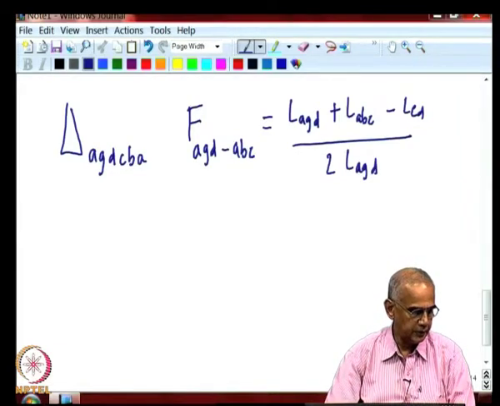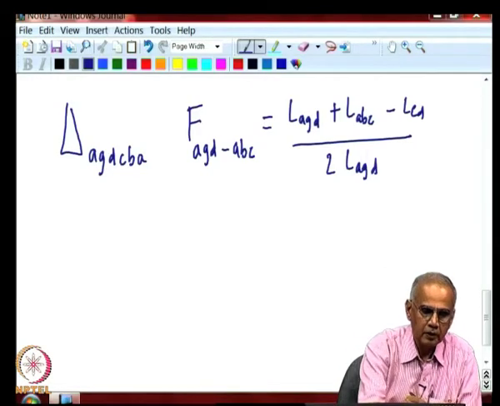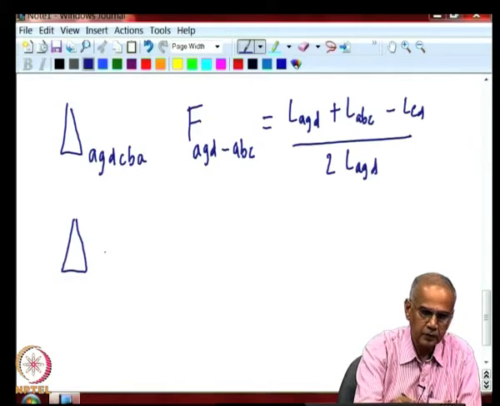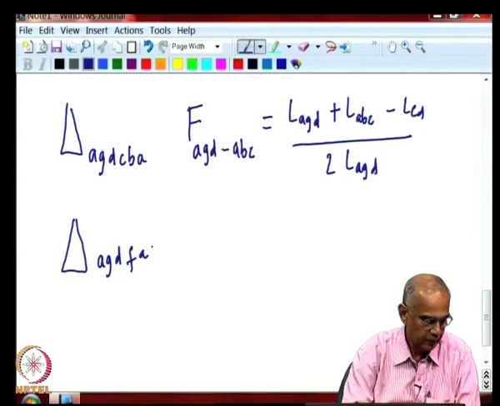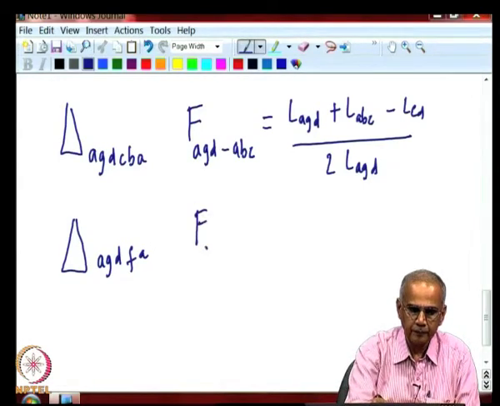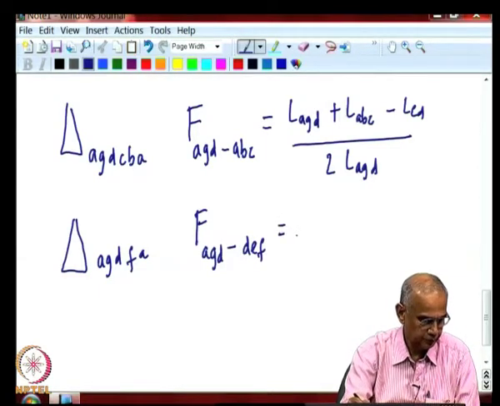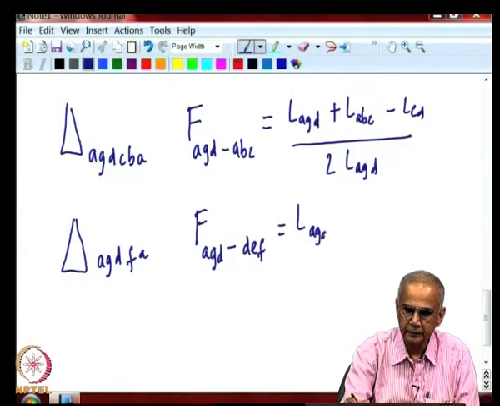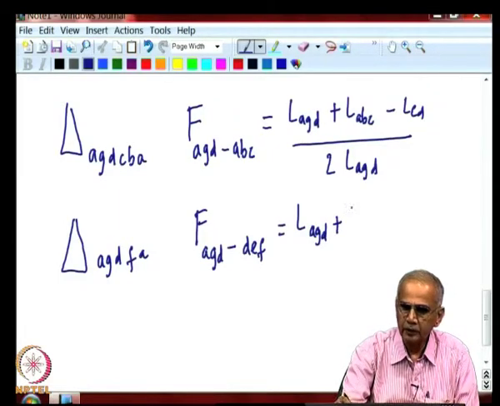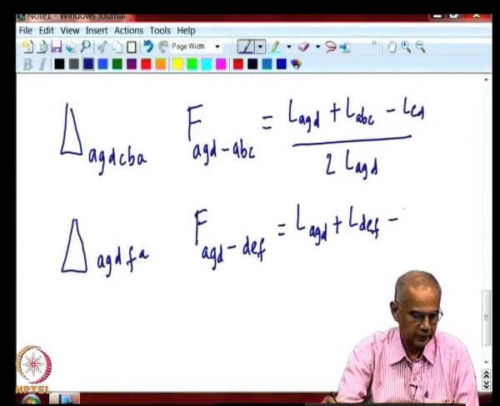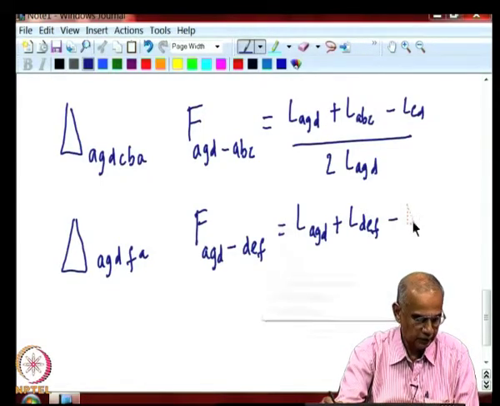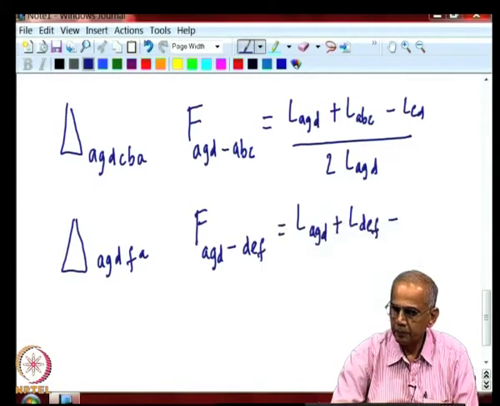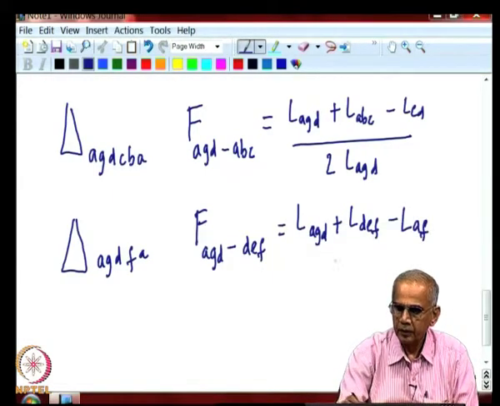The triangle is AGDCBA. Similarly, consider the triangle with the same base, that is AGD FA. Okay. So, based on this you can say F AGD to DEF is equal to length of AGD plus length of DEF minus length of AF divided by twice length of AGD.